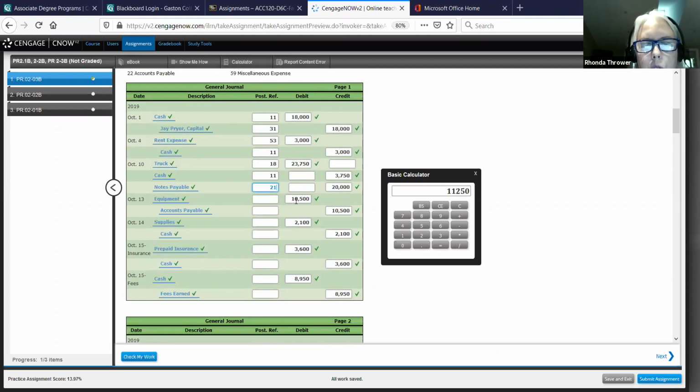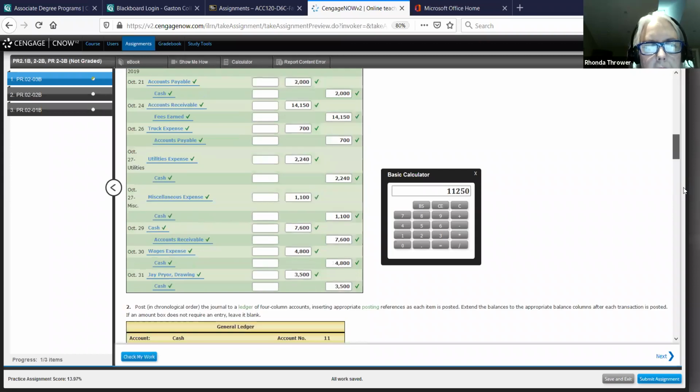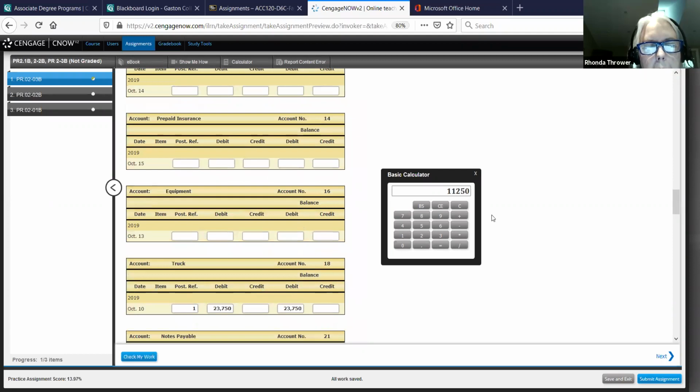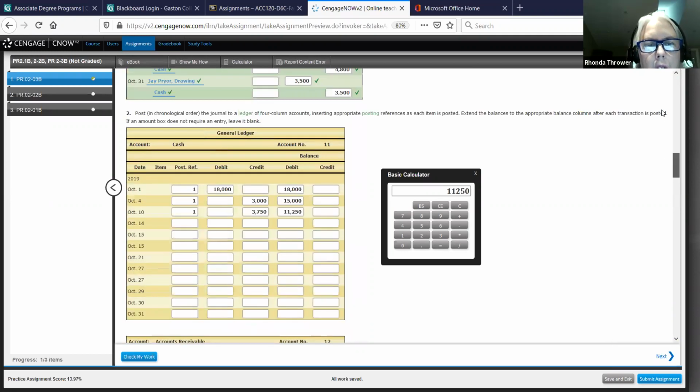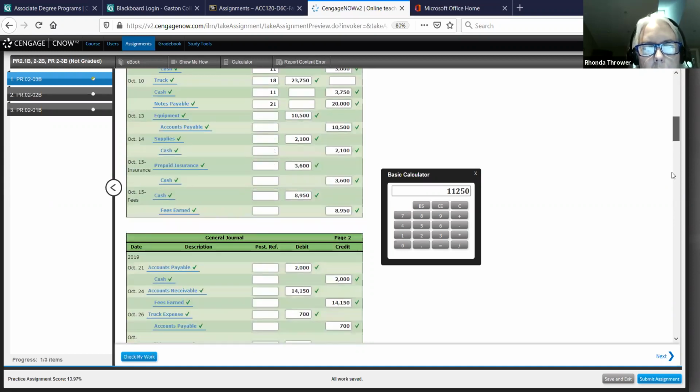Then we're going to move to equipment. We bought equipment for $10,500, so our equipment was increasing. We got it from journal page 1. The equipment increased by the amount of $10,500.